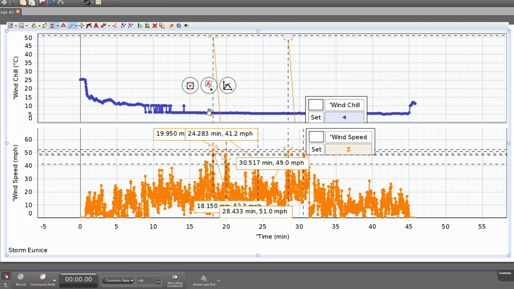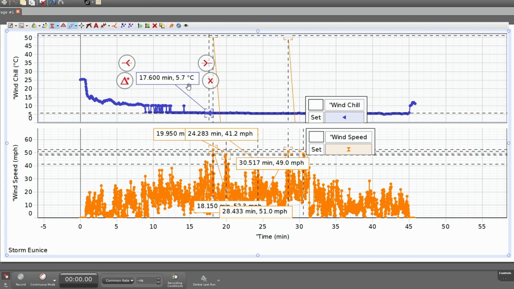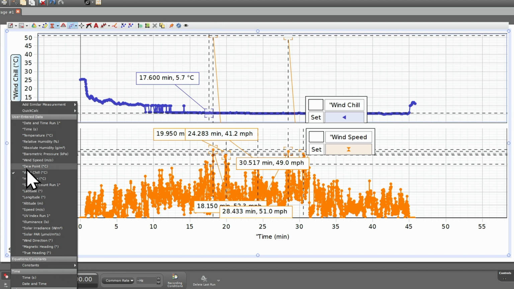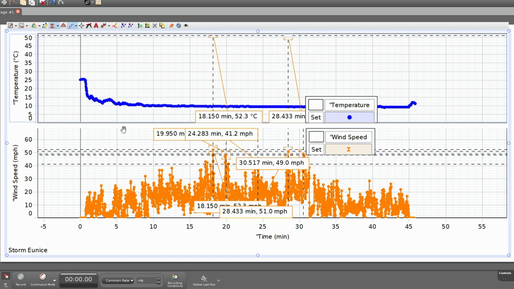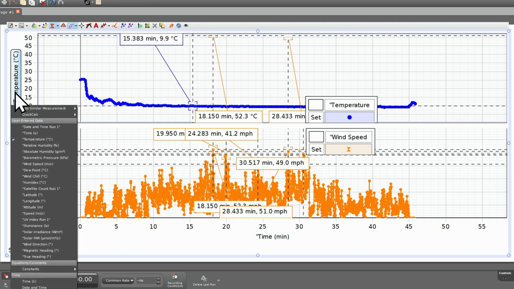If I want to find out exactly what it is, then we can see it's 5.7 degrees Celsius. So that was the wind chill, as opposed to the temperature, which was very slightly, but not a lot warmer, and the temperature there was 9.9. So the wind making it feel quite a lot chillier than it really was.